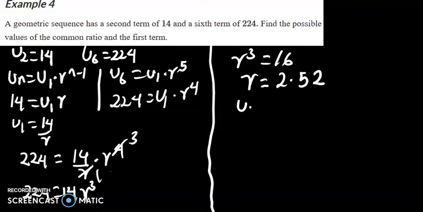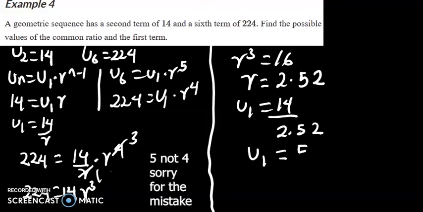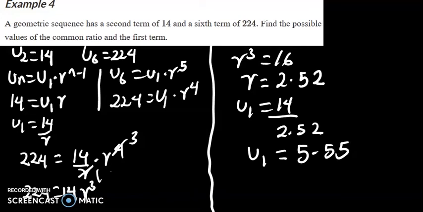The first term is 14 divided by 2.52, that's 5.55. So this is this example right here, okay.